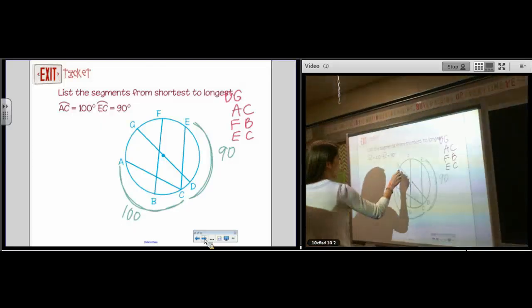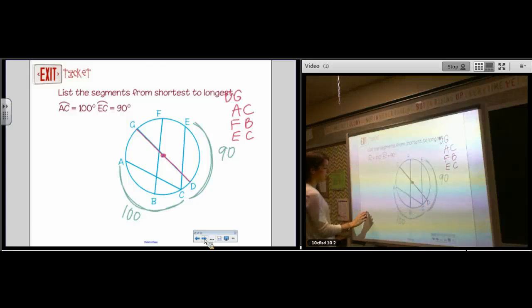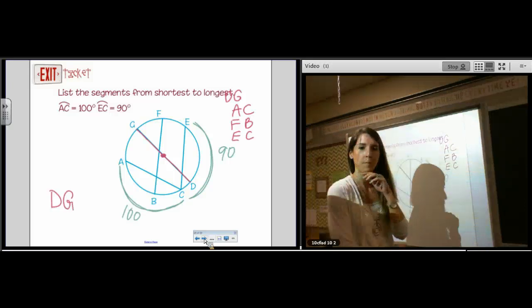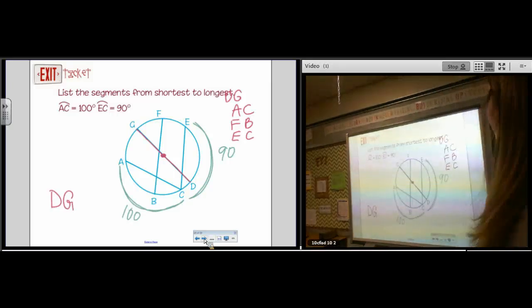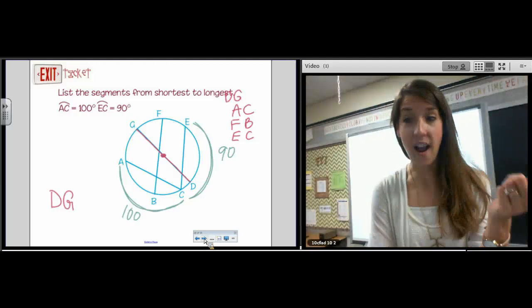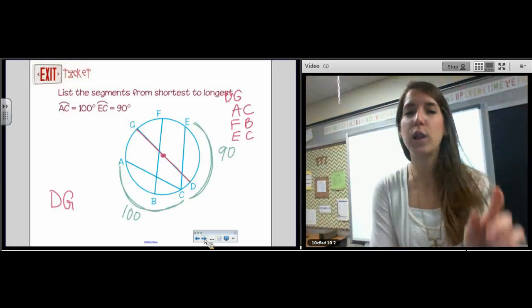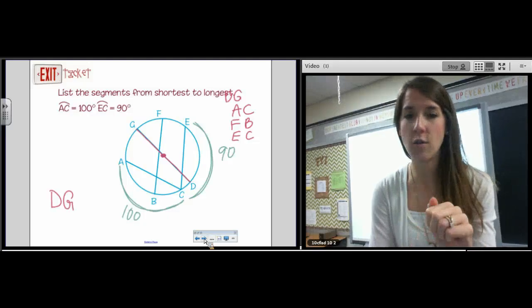Okay, so we know every time that the longest chord in a circle is the diameter. So DG is going to be our longest one. What else do we know? Which chord, and we are just using our eyes, which chord is closest to the center? Because the closer you are to the center, the longer you are.